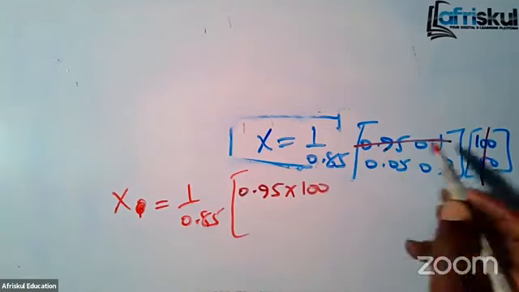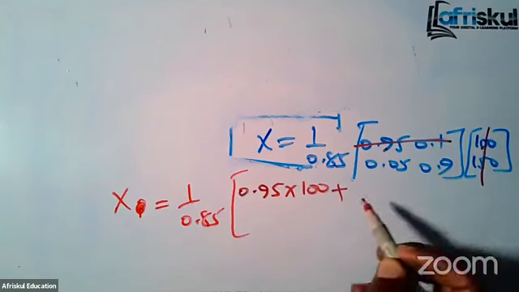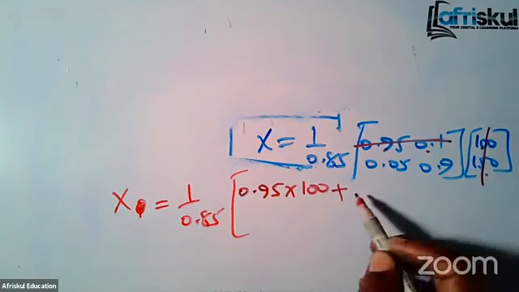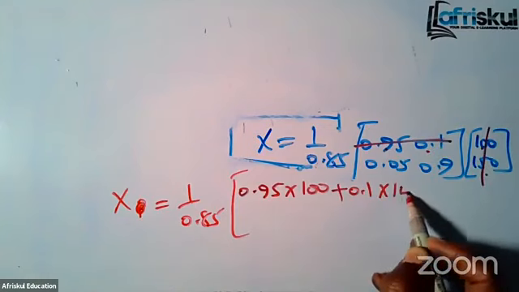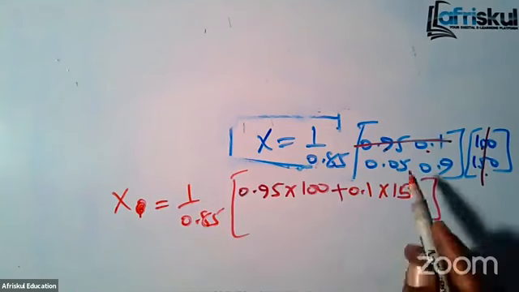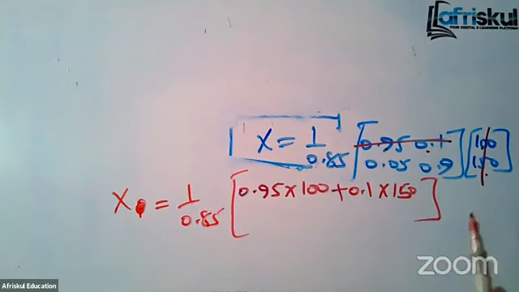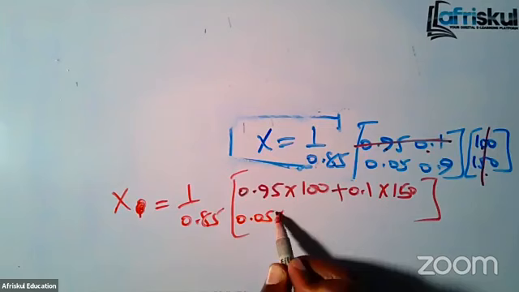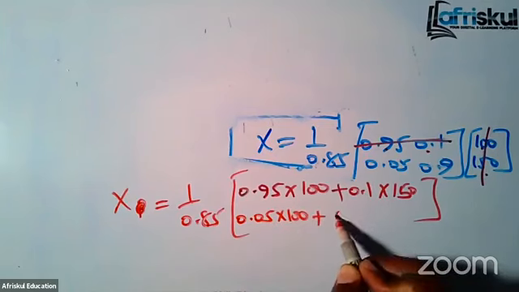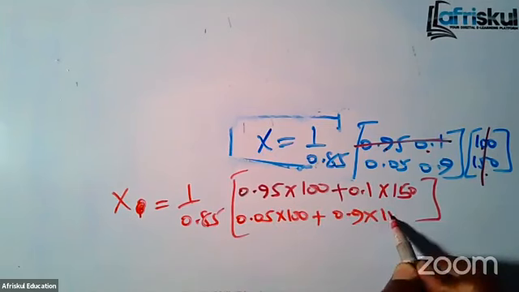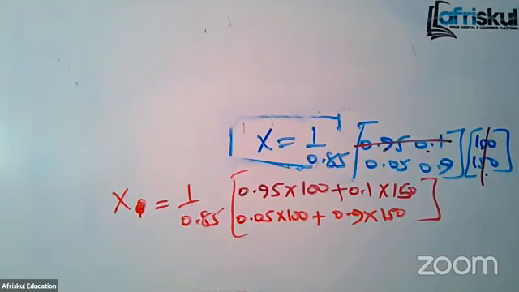We have first ones multiplied, so 0.95 times 100, plus second ones multiplied, so plus 0.1 times 150. Then this row as well multiplies the second column, so we have 0.05 times 100 plus 0.9 times 150. So please multiply this for us.